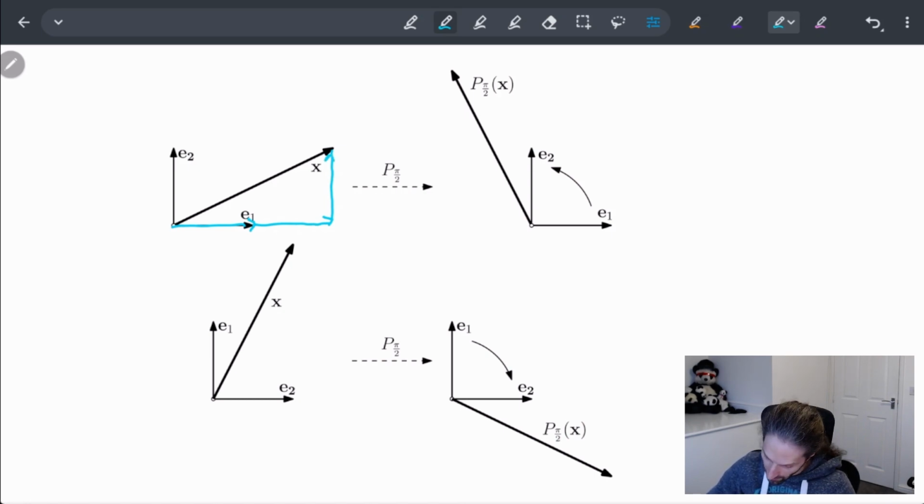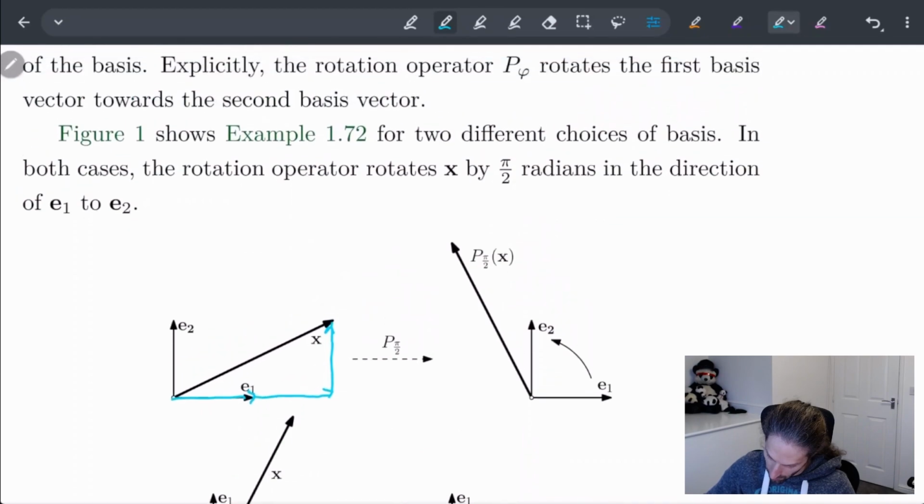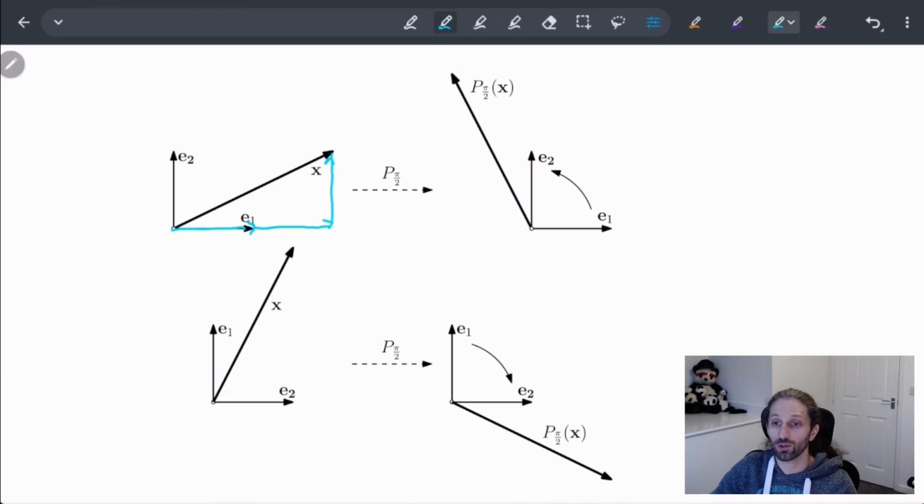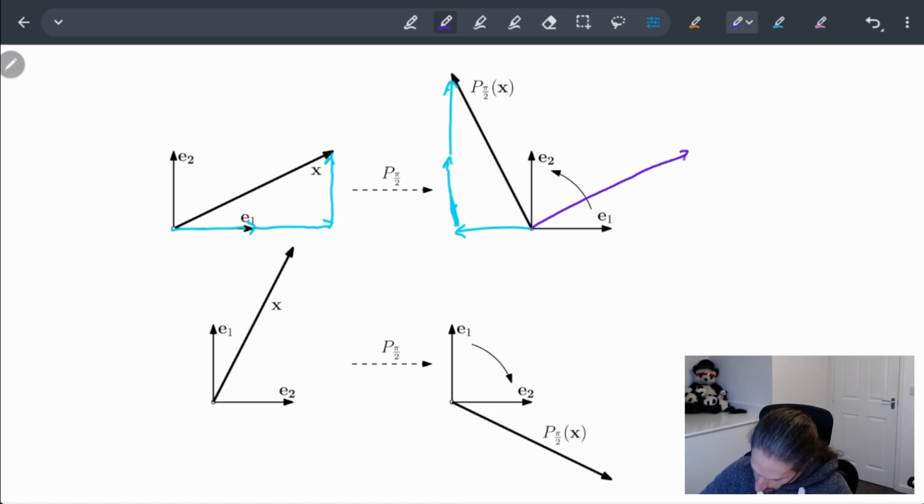After my rotation by pi over 2, remember what formula I get? I get minus E1, so I have to go minus E1, and then I go plus 2E2. So E2 is here, and the second E2 is here. And if I had my original x here, which is roughly that, you can see we have a 90-degree rotation.